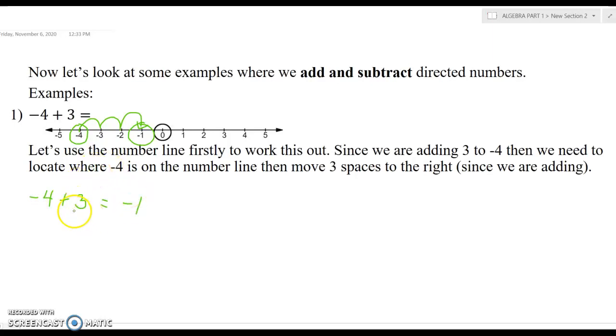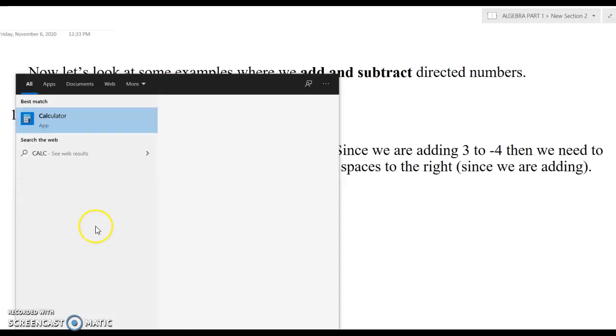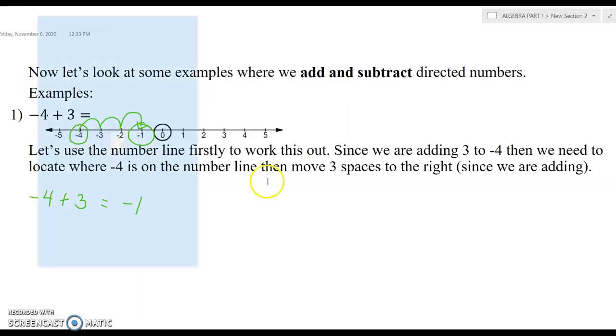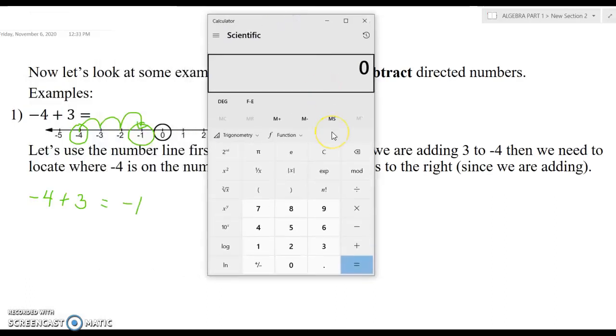Now, you could use a calculator as well. Let me pull up the calculator to show you how it may look. Obviously, on a real calculator, not a laptop calculator, it's going to look a little bit different, but just so that you have a little idea, right? So negative 4 plus 3. Normally on the calculator, you'll see a plus and minus key at the bottom.